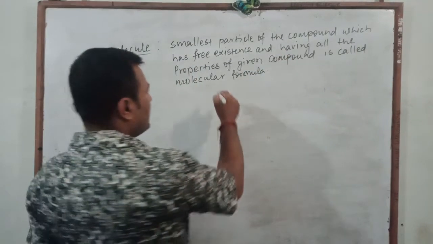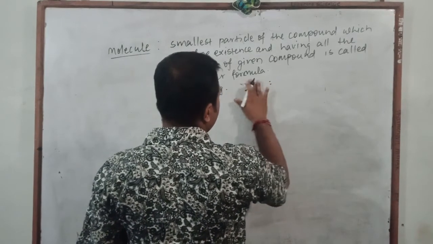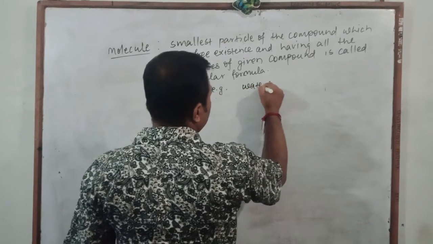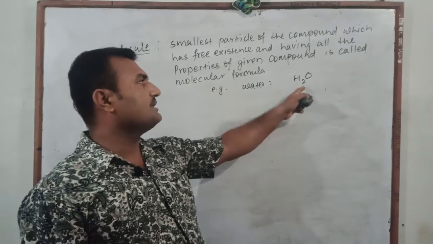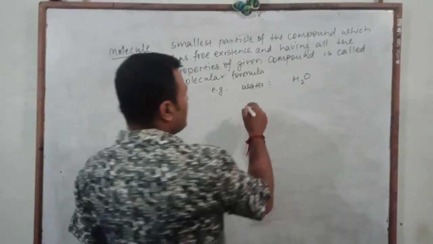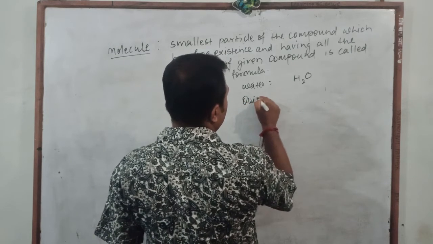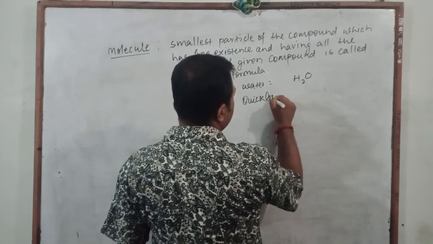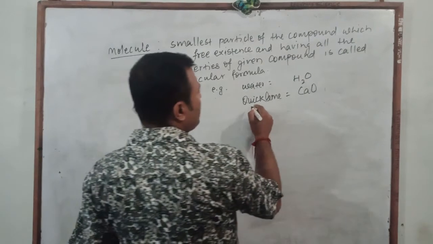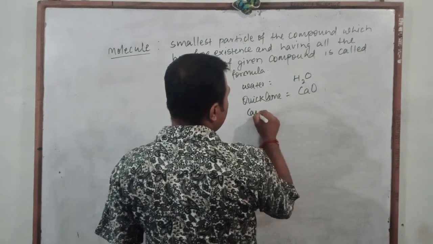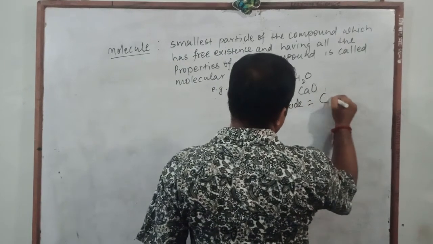Listen. As for example, water is denoted by H2O. It means the molecular formula of water molecule is H2O. Similarly, quicklime is denoted by calcium oxide. Carbon dioxide is denoted by CO2.